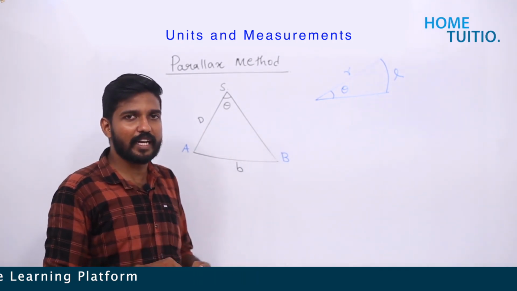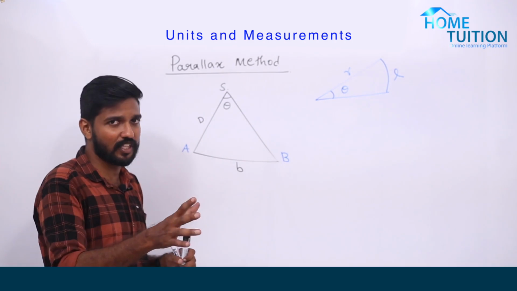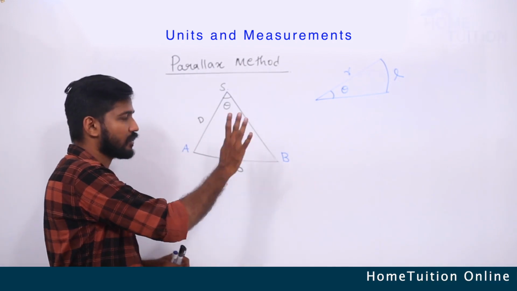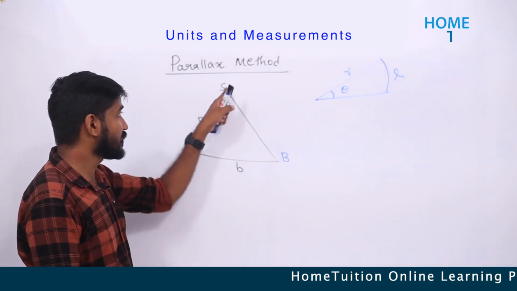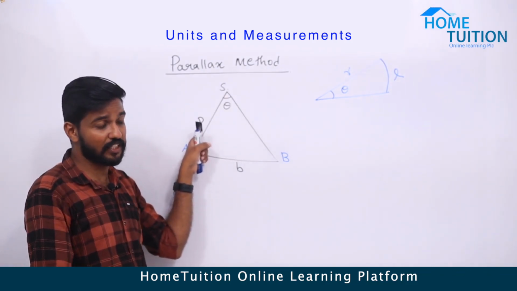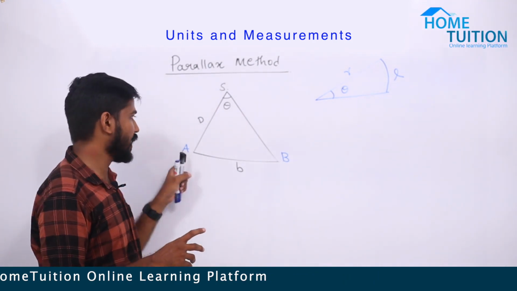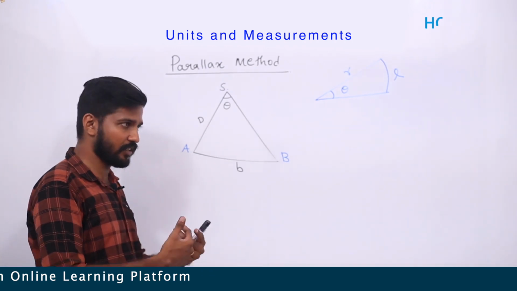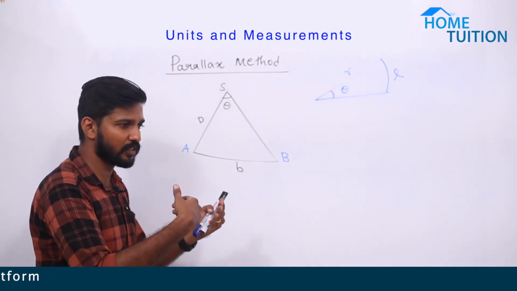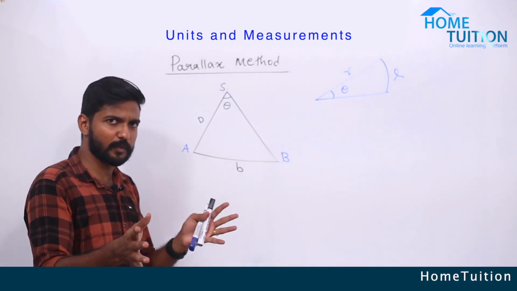So what do we do in the parallax method? Suppose S is a star or planet, a celestial body at a large distance d from Earth, and A and B are two points on Earth. Suppose A is here and B is somewhere near A, separated by a distance of, say, 1 kilometer, or 1 meter, whatever, it's up to you.